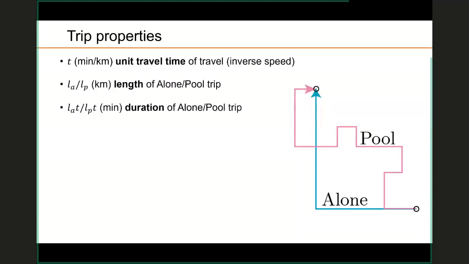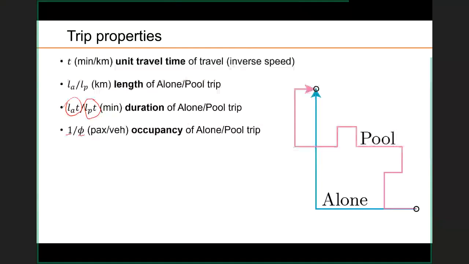So then if you just multiply the lengths of the 2 trips by the unit travel time, you arrive at the duration of an alone or pooled trip. So this would be the duration of an alone trip. That would be the duration of a pooled trip. And then you have the occupancy of the trips. So we're going to assume that an alone trip has an occupancy of 1, and a pool trip has an occupancy of phi.